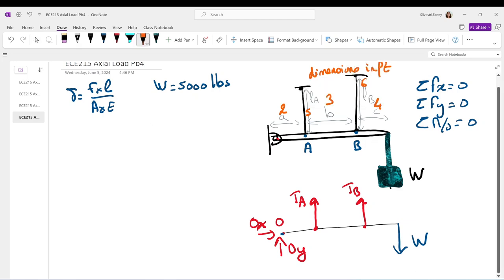So there is a first equation that we will use that we learned in statics, this famous equation of moment. Let's do the sum of the moment about O equals 0. What do we have?